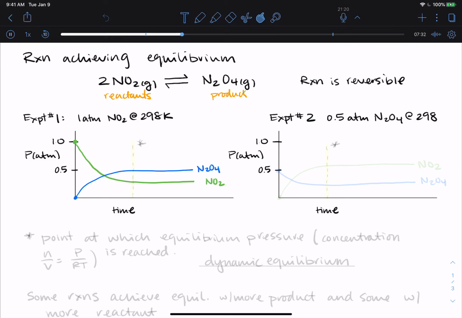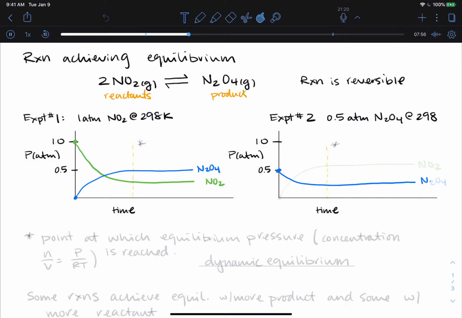So my N2O4 is in blue, and I'm going to start with 0.5 atmospheres. So my reaction will move in reverse. So it's going to make some NO2. So my N2O4 pressure will decrease, and then eventually it'll just kind of taper off.